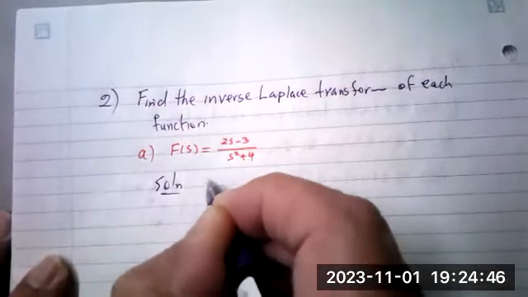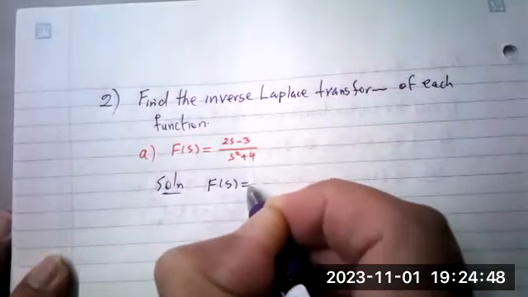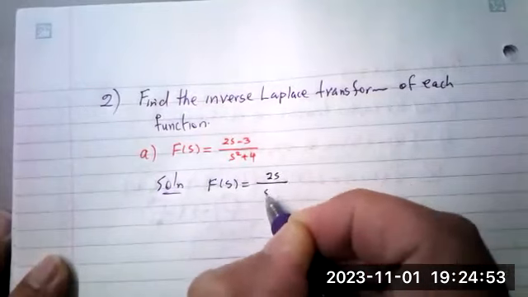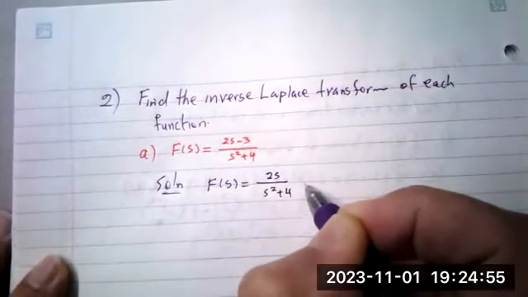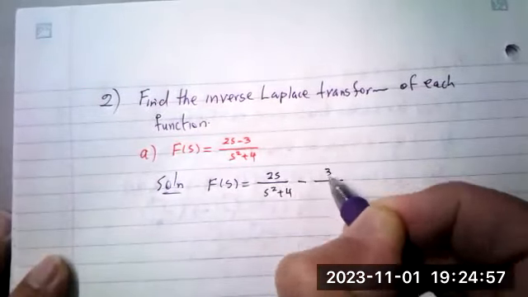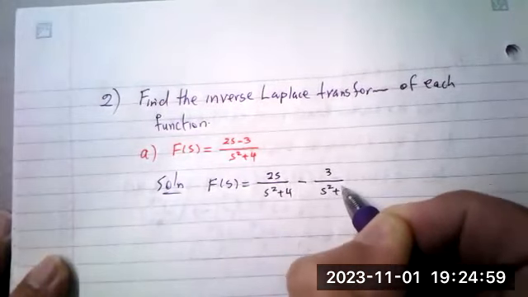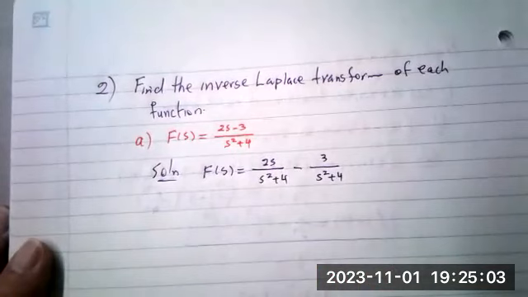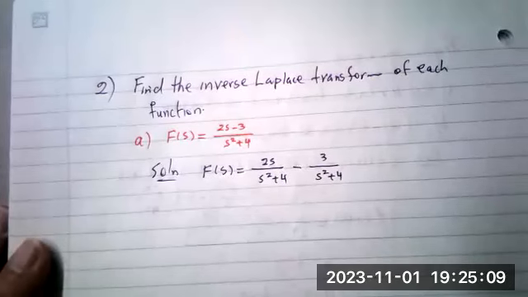Solution. F of s is equal to 2s over s squared plus 4 minus 3 over s squared plus 4. Now we are ready. The first one should give us the cosine. The second one should give you the sine, and you may have to modify the second one.